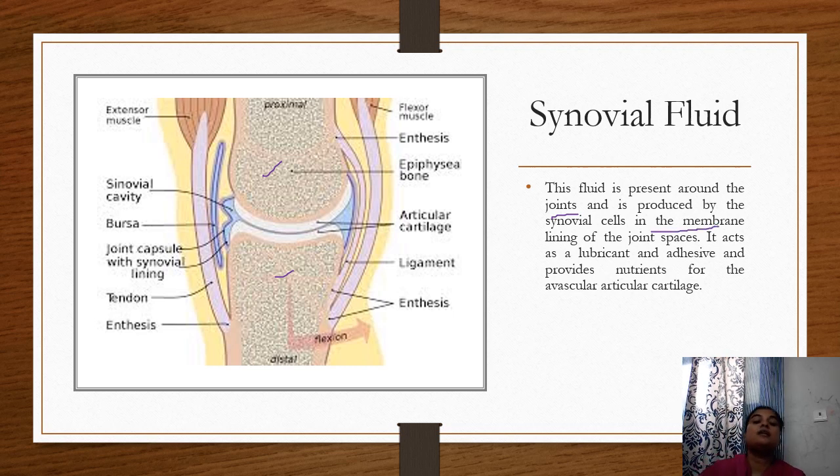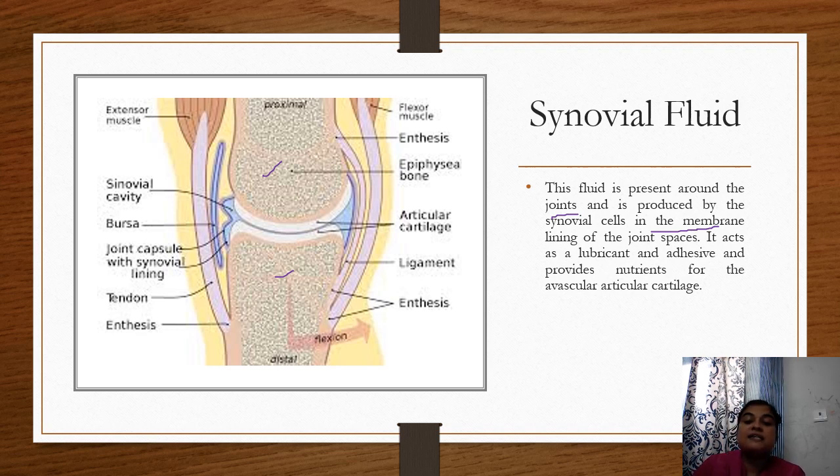So one more question can come from this part: from where is the synovial fluid produced? The answer is, the synovial fluid is produced from the synovial membrane cells, the cells lining the synovial membrane.